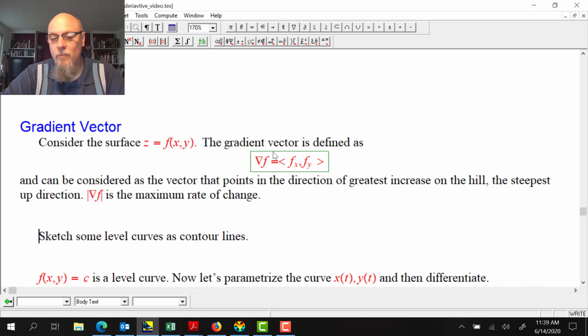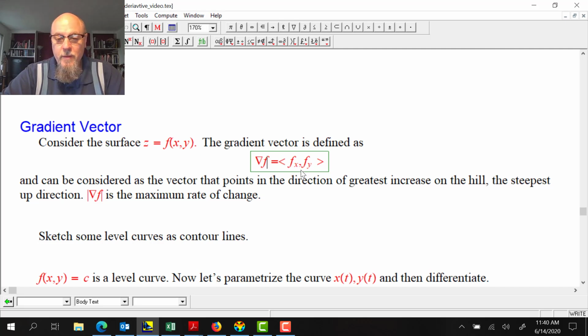And we write the gradient as this upside down triangle f. This means the gradient of the function. It's a 2D vector. It's got an xy direction because it's on the ground. And we calculate it as just the two first order partials.